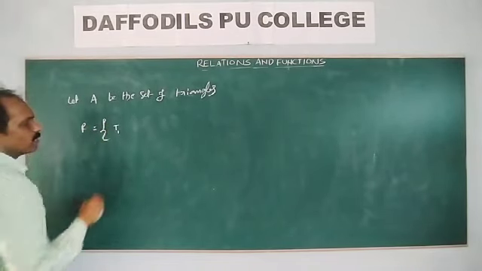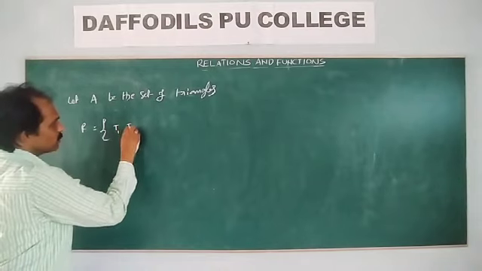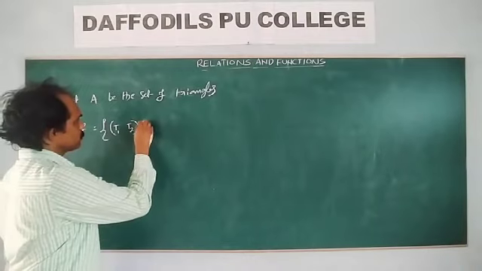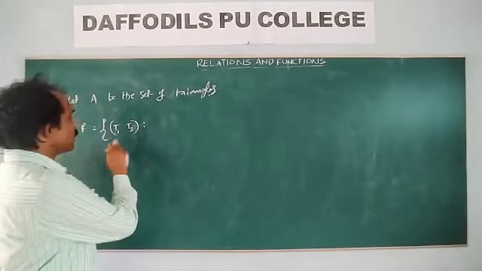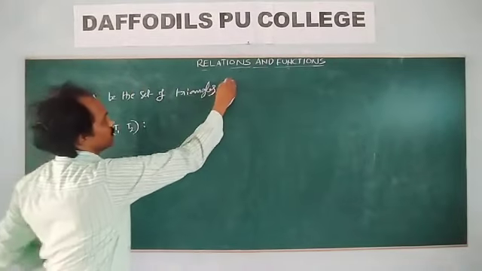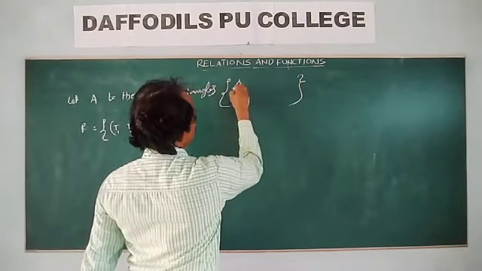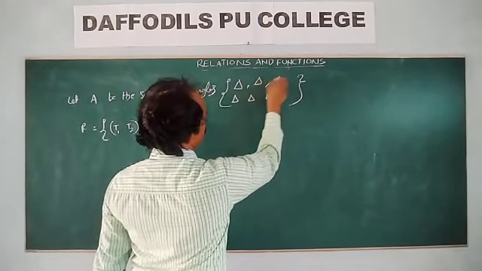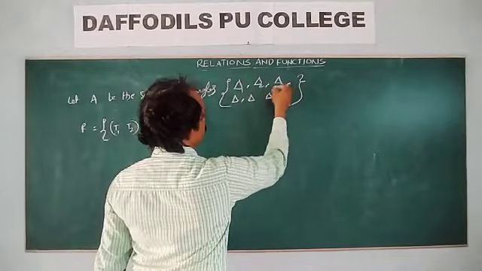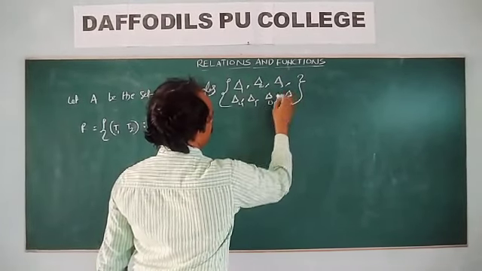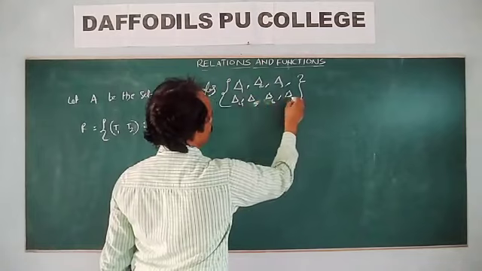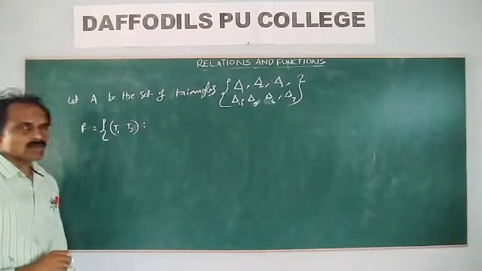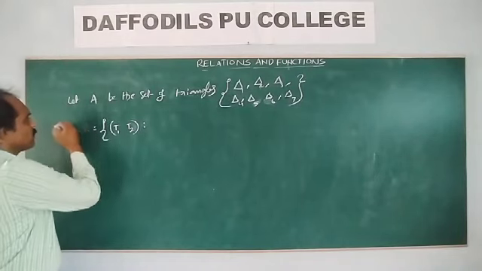Take triangles T1, T2. This is a set of some triangles; in it, there are triangles 1, 2, 3, 4, 5, 6, like this. That may be the relation R. What is the relation R?